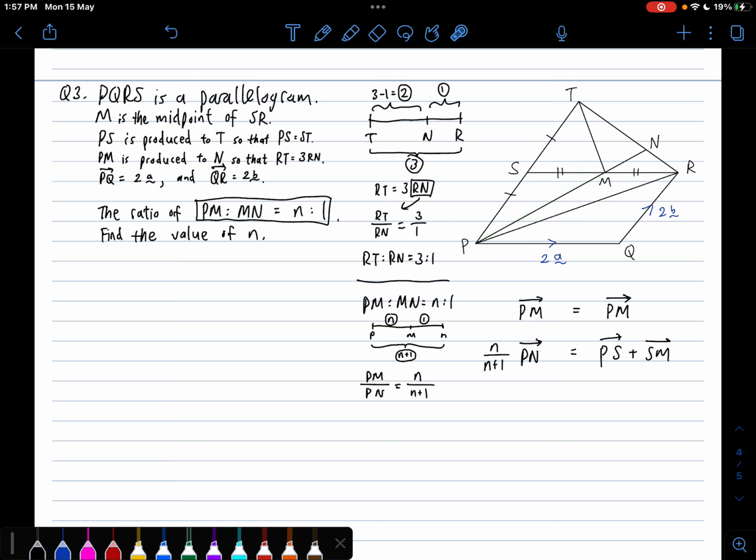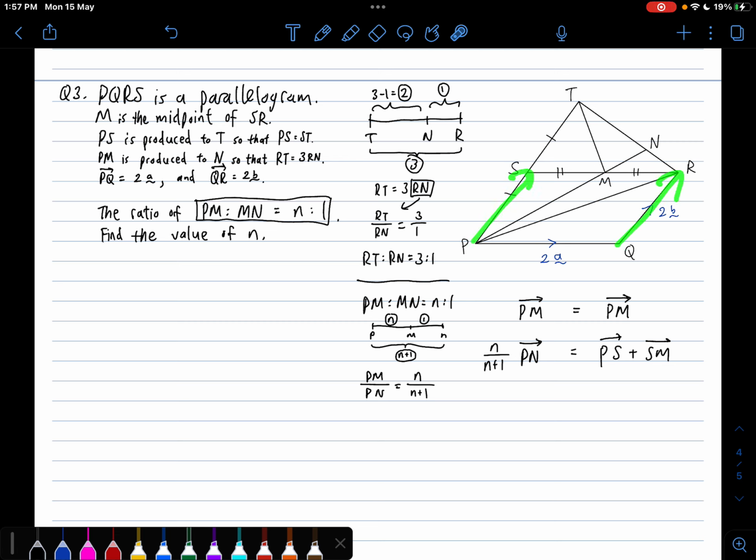Okay, good. With that, we are almost able to solve for n already. Now we just need to figure out what's PN, PS, and SM. PS is very simple. Take a look at this diagram. It's a parallelogram, so opposite sides are equal and parallel. So that means that PS is exactly the same as QR. And also notice the direction of this arrow.